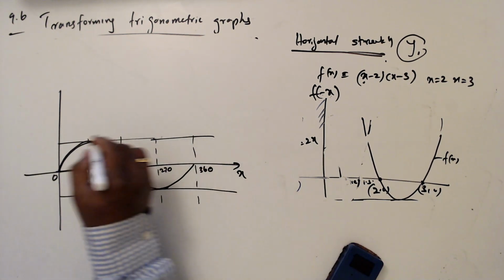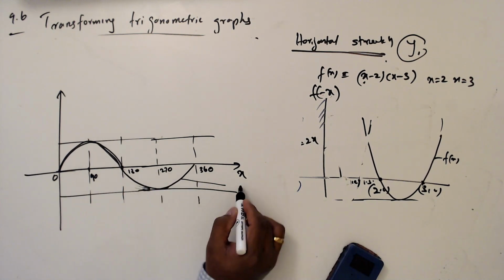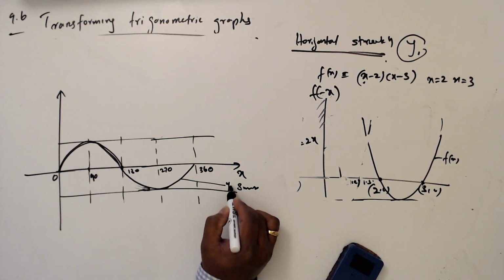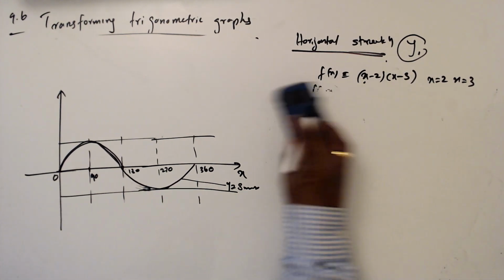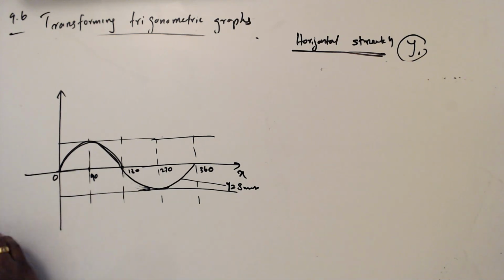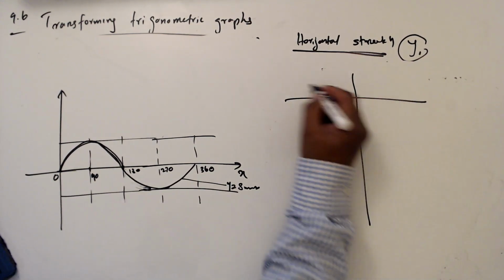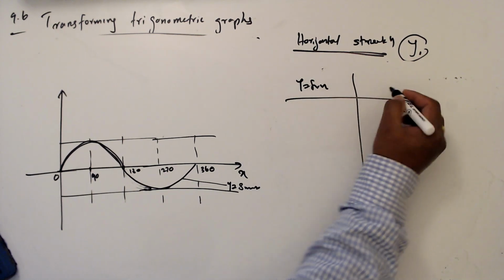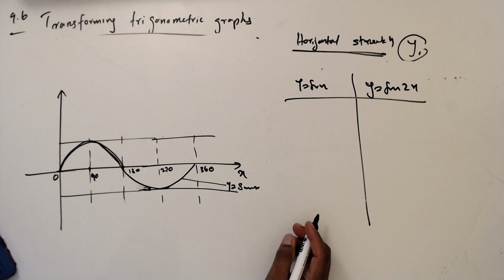This is x, and now this is the sine x graph. Y equals sine x. Now we'll do y equals sine 2x. Y equals sine x and y equals sine 2x. What kind of difference?